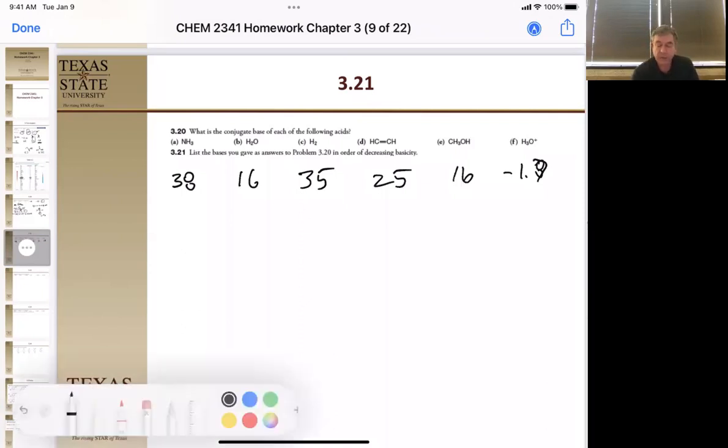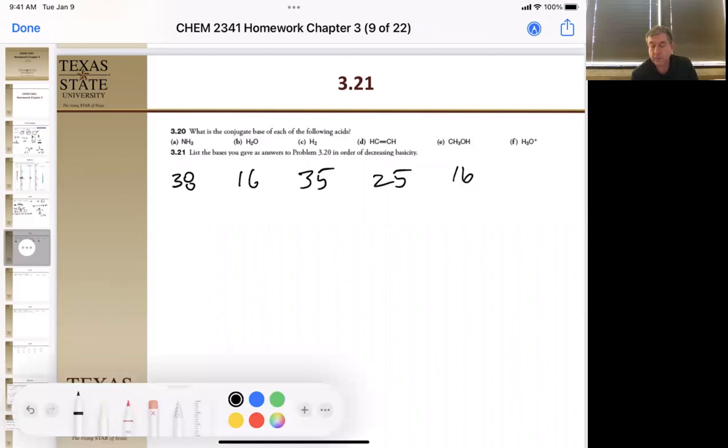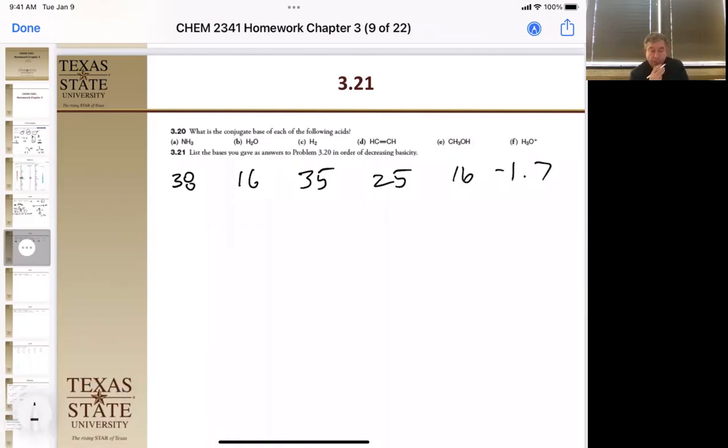Okay, so that being said, let's put them in order of acidity first. We want to list the bases in order of decreasing basicity. Okay, so if this is the most acidic, hydronium at minus 1.7, and then the next most acidic is going to be water because it's 15.7.